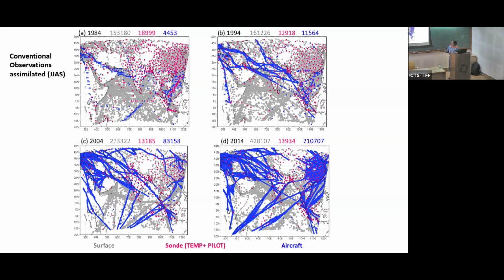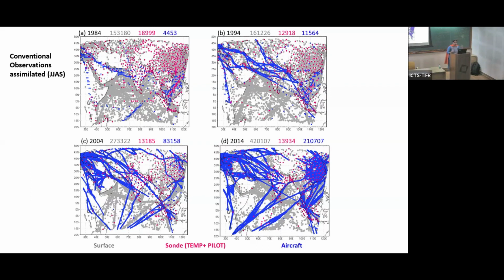Here also you can see the radiosonde, upper air observations; there were some campaigns during that period, that's why more observations, but later on the number of observations over that region is reduced. But one thing we can notice is the Tibetan Plateau area. There is no observation. It is an observation-sparse region till today. So we don't have much observation over that region.